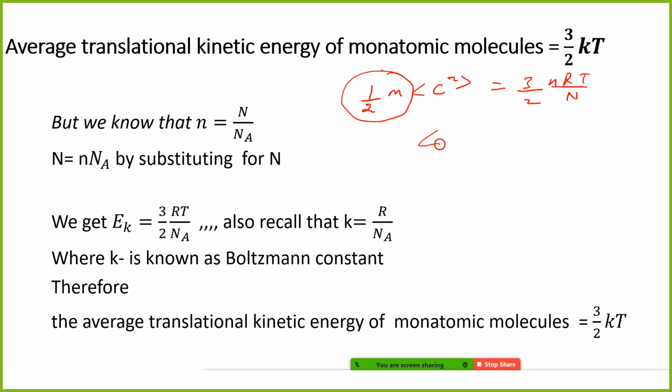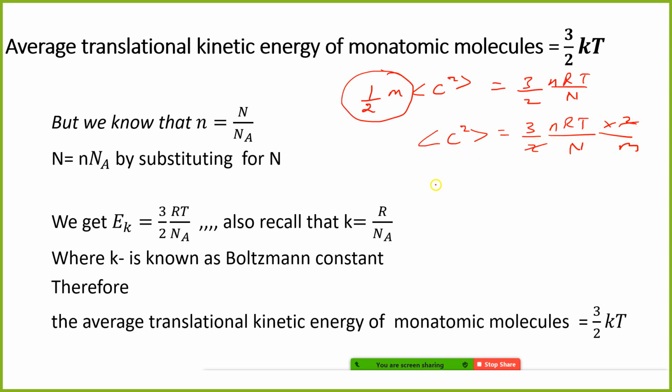So the mean square speed is equal to 3 times n times RT divided by n times m. We multiply by that 2 here, so we divide by m, and these 2's cancel out.